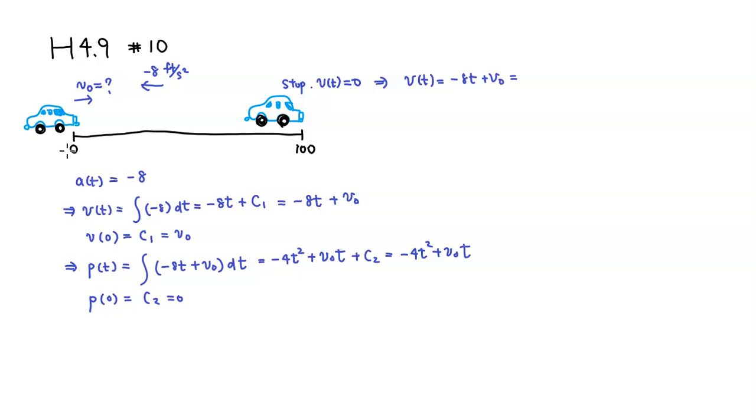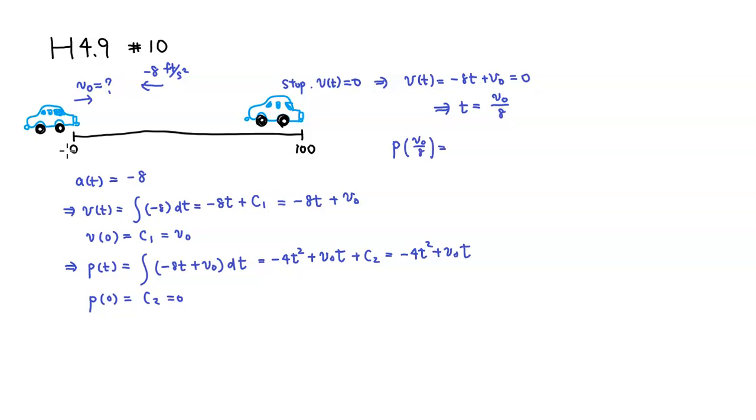If you set that equal to 0 and solve for t, t is going to be equal to v0 over 8. So we know that at this point, the position is going to be 100. So we're going to plug v0 over 8 into the position function.